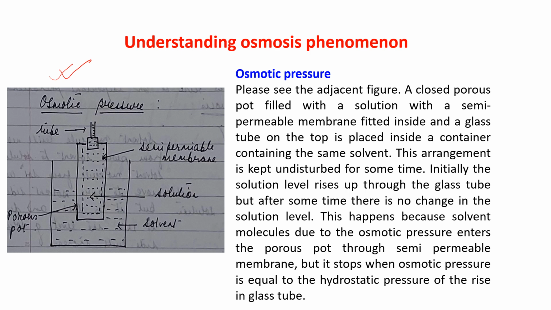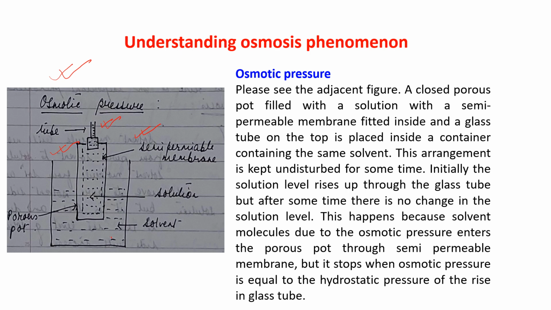You can see here, this is a porous pot, and this is the semi-permeable membrane which is fitted inside the porous pot, and there is a tube at the top of the porous pot.